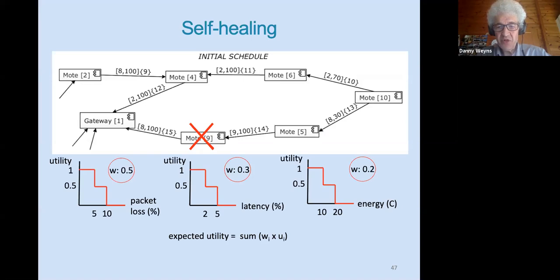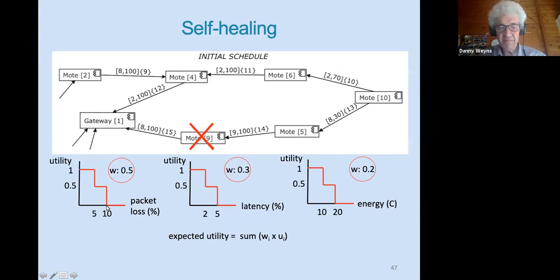To determine which configuration to pick, we use what is called expected utility. Here you see examples of expected utility on the left hand. If we achieve with a configuration a packet loss below 5%, we say the utility for that particular property is very high, maximum 1. If the packet loss is between 5 and 10%, the utility is considered 0.5.